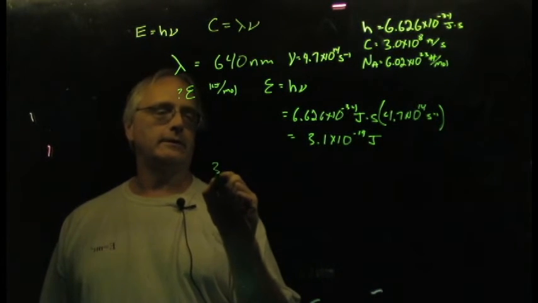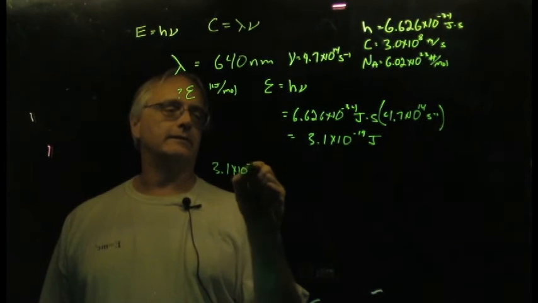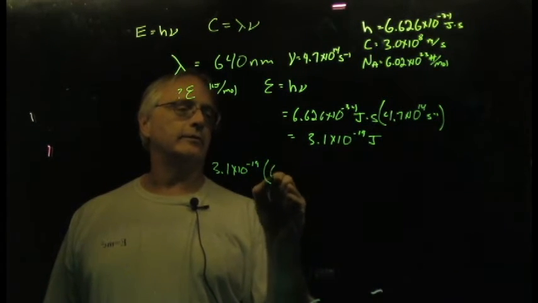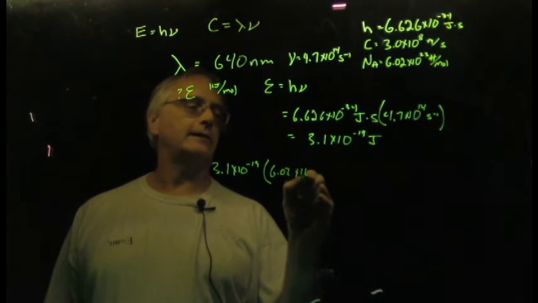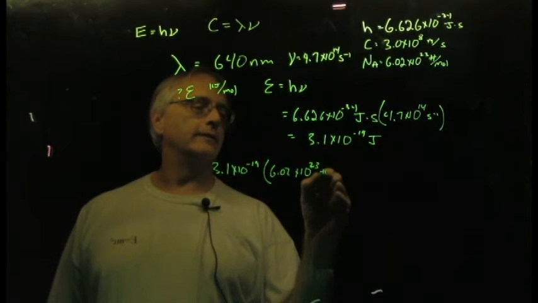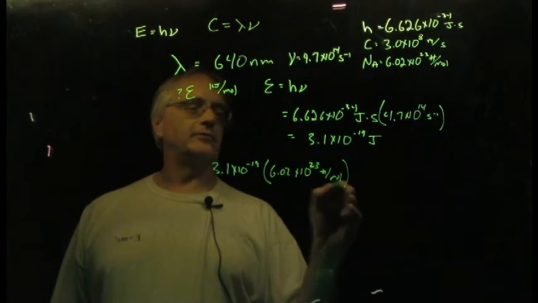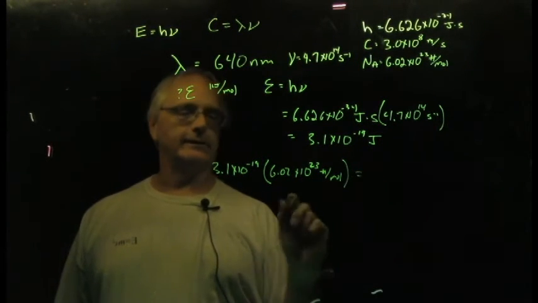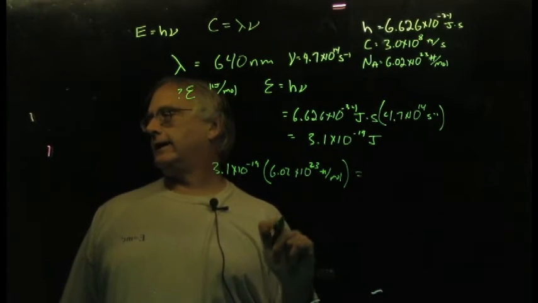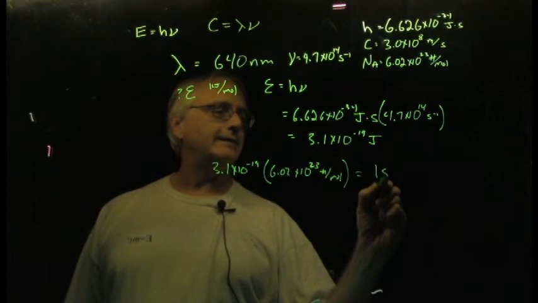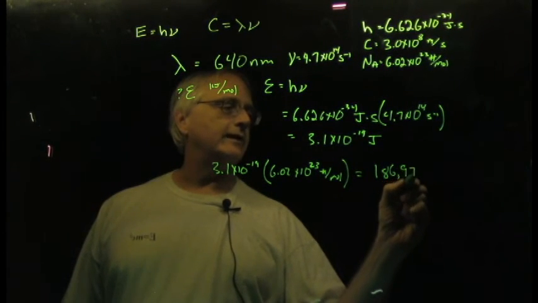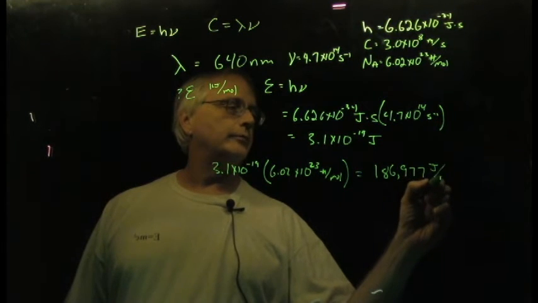Just take the number times 10 to the minus 19th and multiply it by our dear friend Avogadro's number, 6.02 times 10 to the 23rd, the number of anything in 1 mole. More fun scientific notation for your calculator. If you punch that out on your calculator, I came out with 186,977, and that's joules per mole.